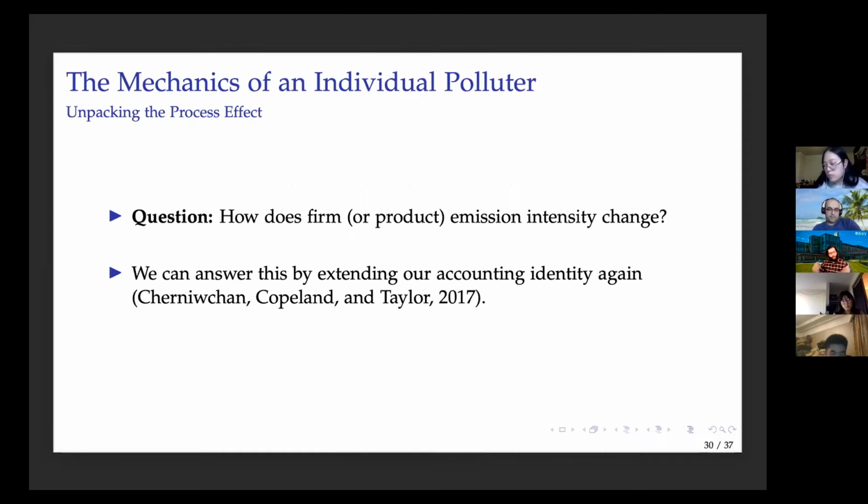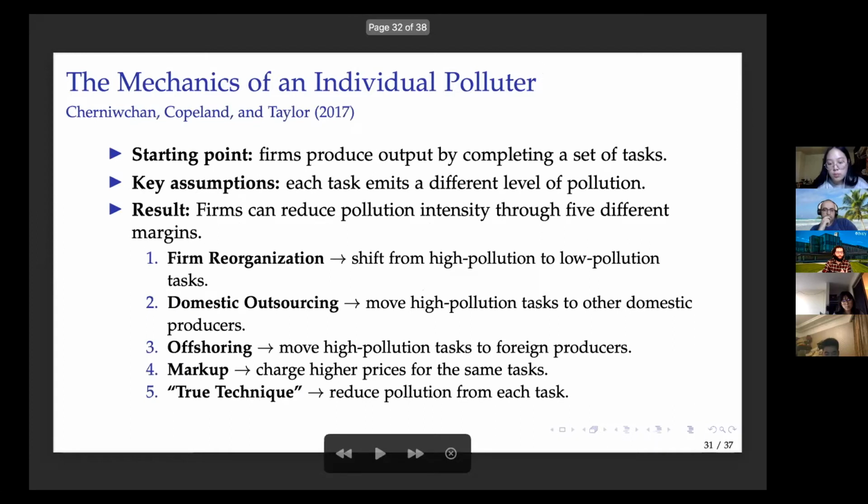And so now you might say, well, how do firms reduce or change their emission intensities? And so in theory, you can extend this decomposition all the way into the sub-firm level. And there's a paper by a couple of good Canadian economists, Jevon Chernachon, Brian Copeland, and Scott Taylor, who show how to do this.